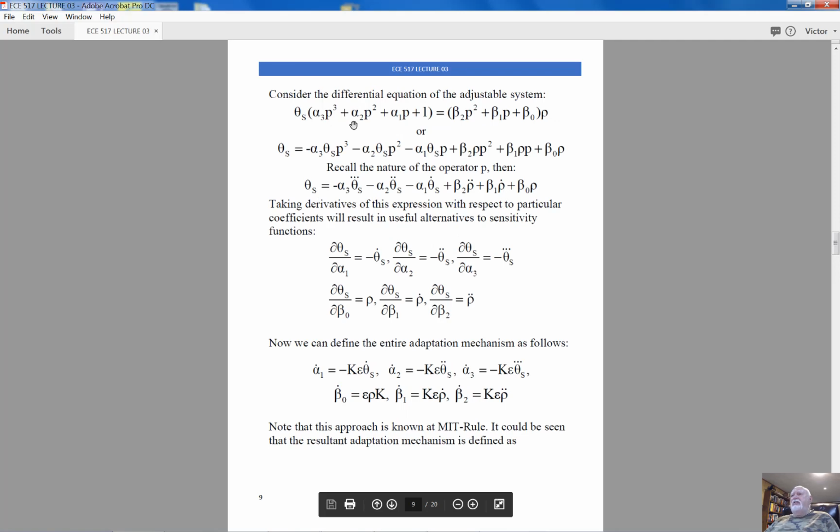Let's recall the differential equation of the adjustable system. Don't be confused: I once called these parameters S. It used to be S, this is also S, this is S, S, and S. These parameters S were Laplace variables, but Laplace variables are often used as the symbol of differentiation.